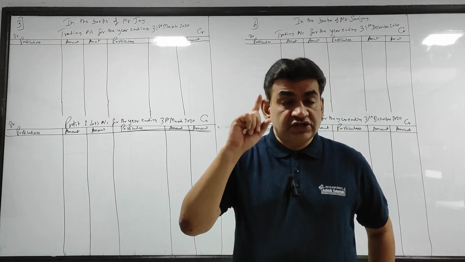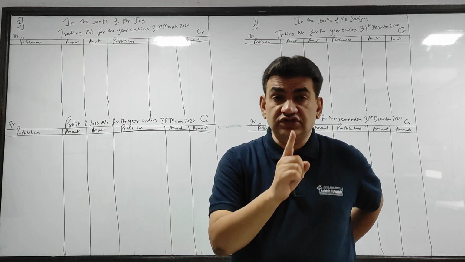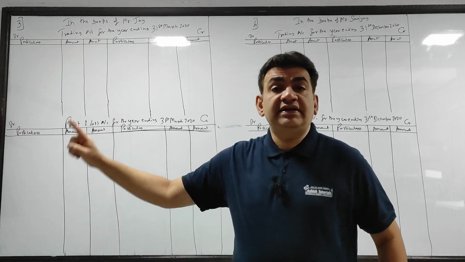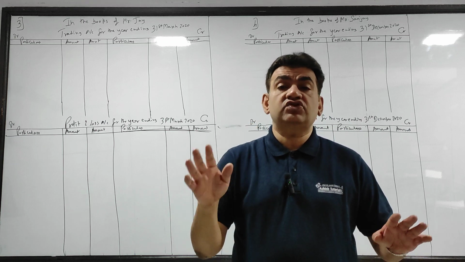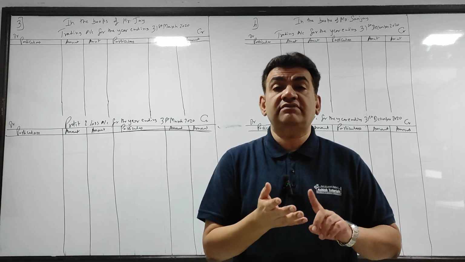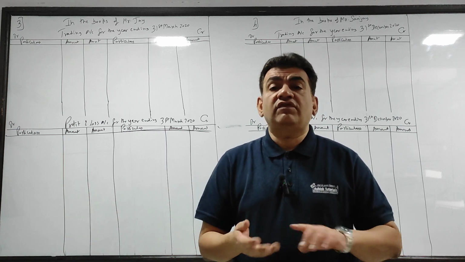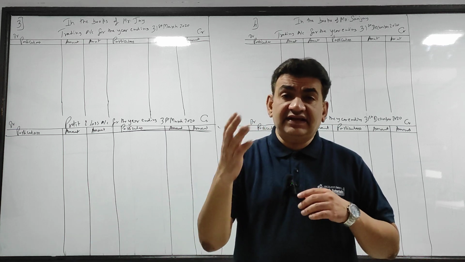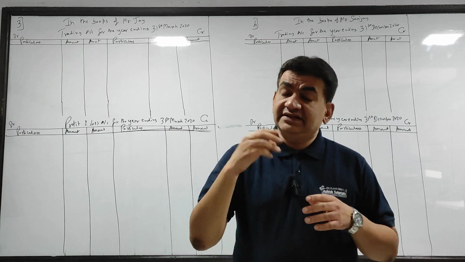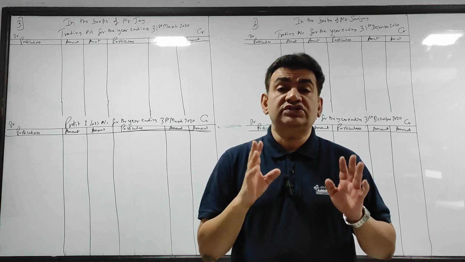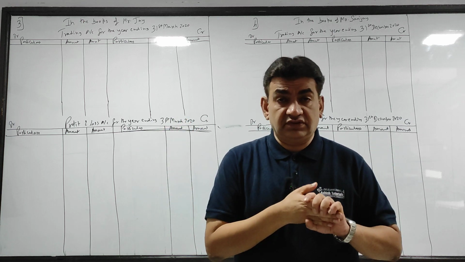So direct expenses, which are directly related to purchase and production of goods, as we discussed in the earlier class, will be debited to trading, and all indirect expenses which have no connection with purchase and production of goods will be debited to P&L, such as office salary, rent, electricity, then depreciation, which you all have done, and discount allowed. All those expenses will be debited to profit and loss account.